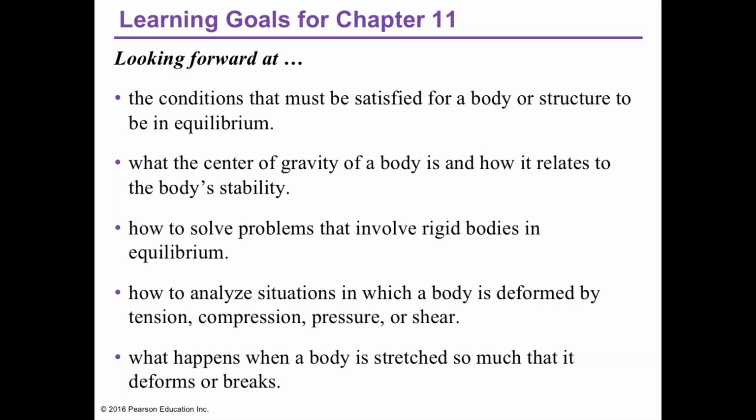Okay, so we've devoted a great deal of effort to understand why and how bodies accelerate in response to the forces acting on them. But very often, we're interested in making sure that the objects or bodies don't accelerate or move.